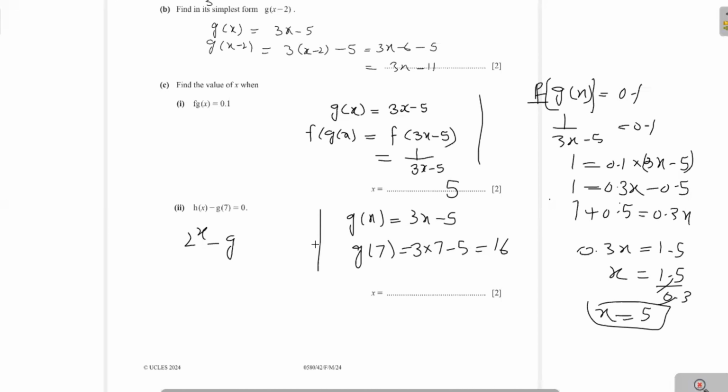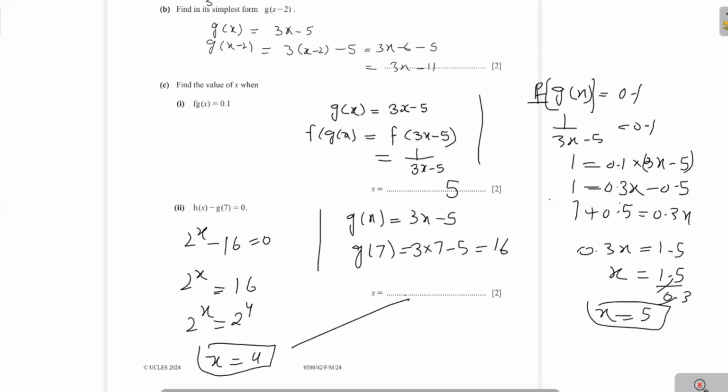This will be equal to 21 − 5, which is 16. We can write g(7) is 16. We write here 16 equal to 0. We can write 2 power x equal to 16. We can write this 16 as 2 power 4. Therefore, 2 power x equal to 2 power 4. Therefore, x will be equal to 4. This is the answer.